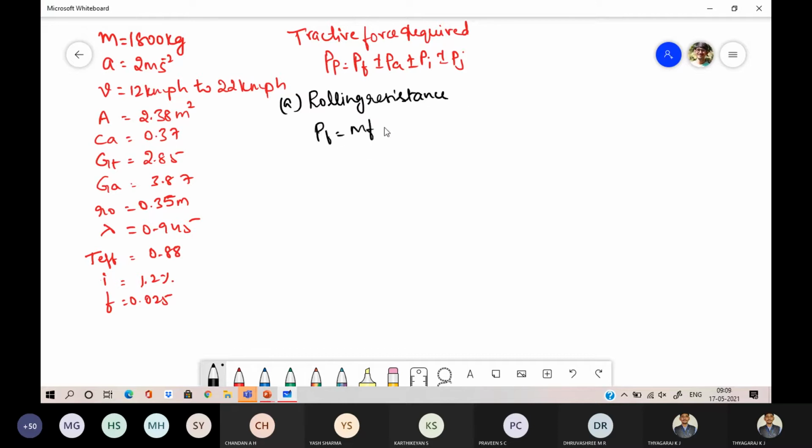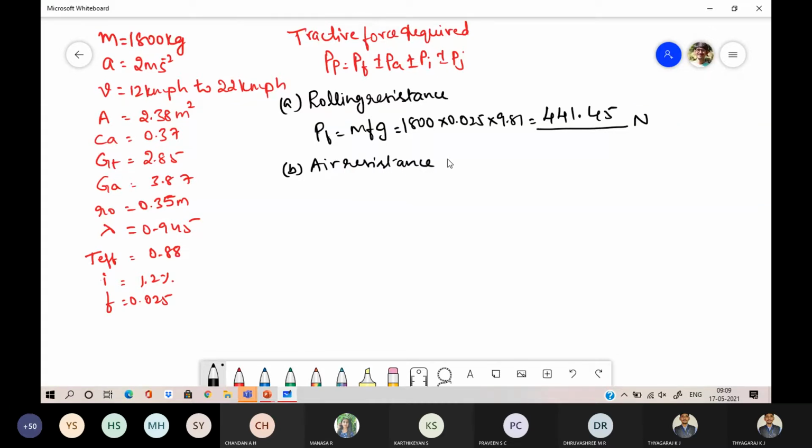Pf is equal to Mfg, which is 1800 into 0.025 into 9.81. What is the rolling resistance we are going to get? Calculate it. It is 441.45 Newton.